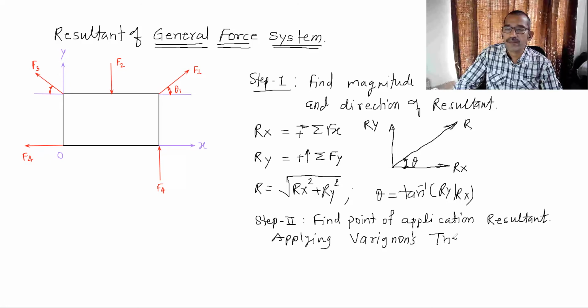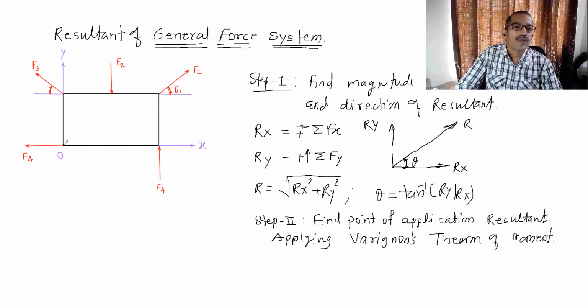Basically, when you find the resultant of a force system, all the forces acting are replaced by a single equivalent force. That means the effect of the resultant and the effect of all these forces must be the same.